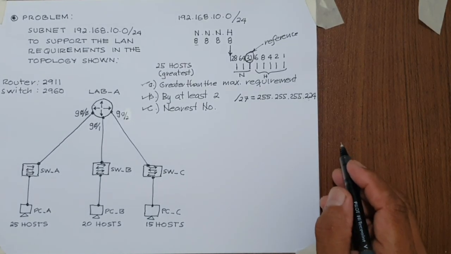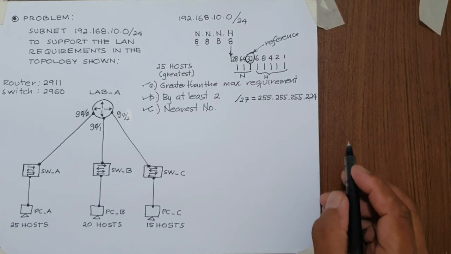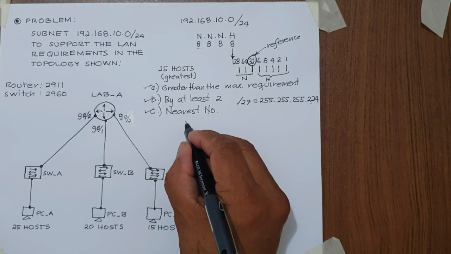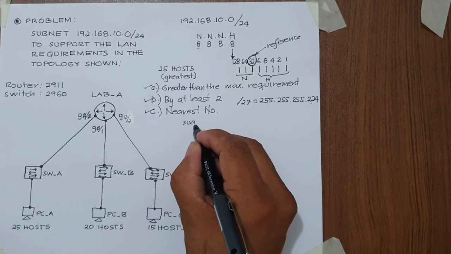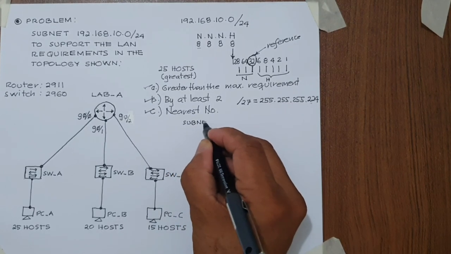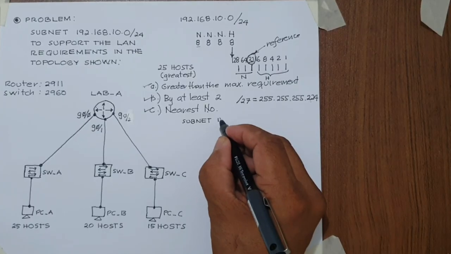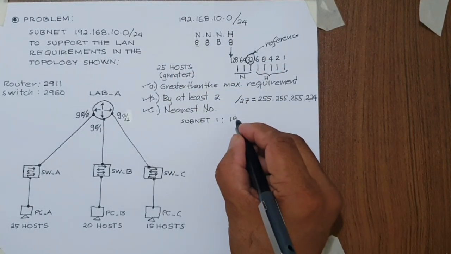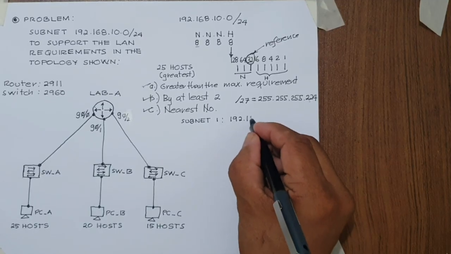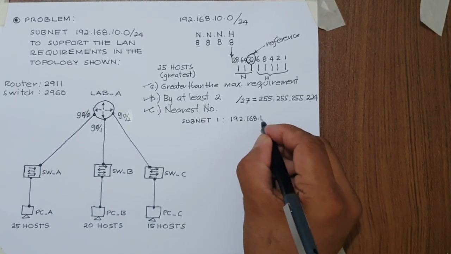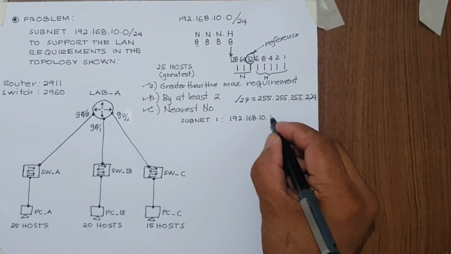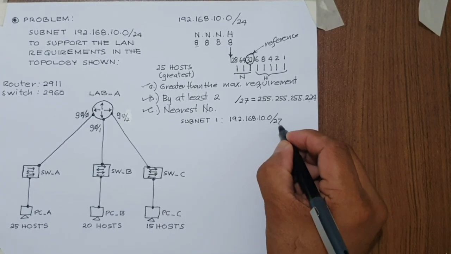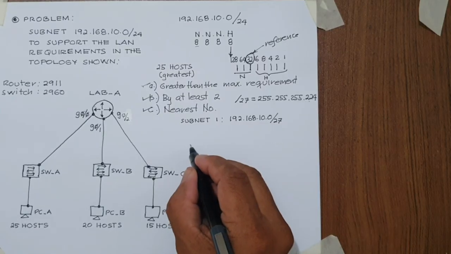And what are the subnetworks? Let's identify the first subnet. Subnet 1 will be the network itself, 192.168.10.0. Instead of /24, it will now be /27.